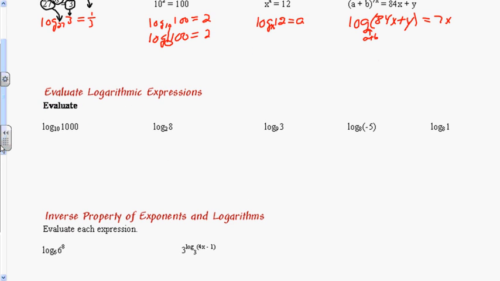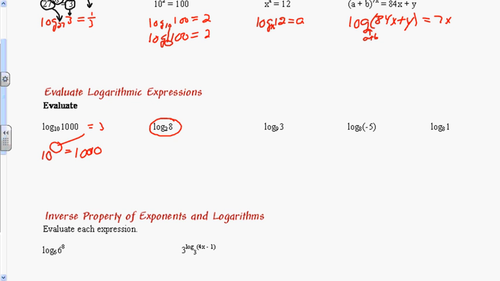Alright, now let's evaluate. Now your calculators can actually do log of 1,000. All you have to do is punch in log of 1,000 and you will get 3. If we didn't have the calculator, we would say 10 to what power gives us 1,000? And that would be 3. Our calculators cannot do this one because it cannot do base 2.